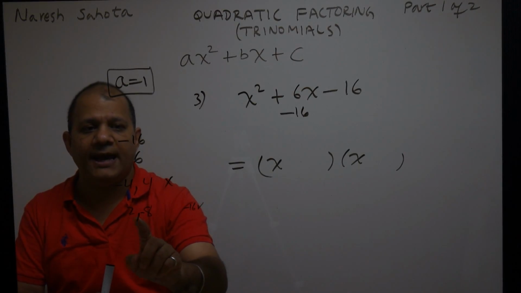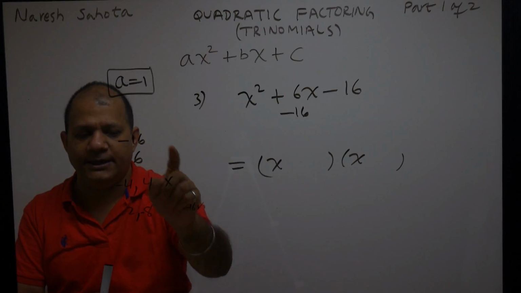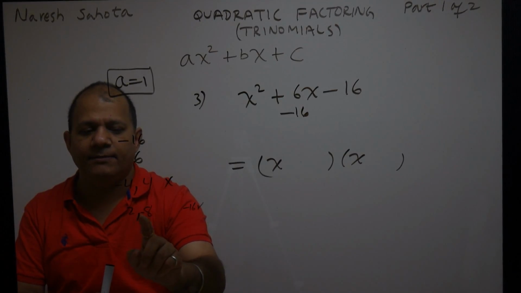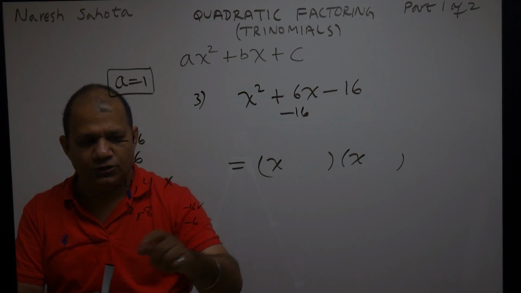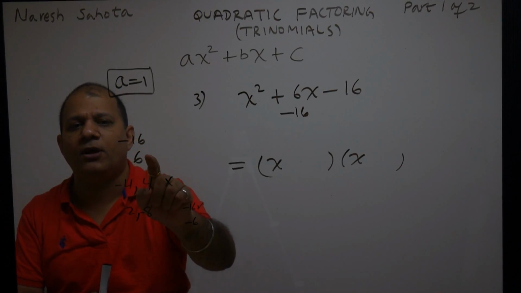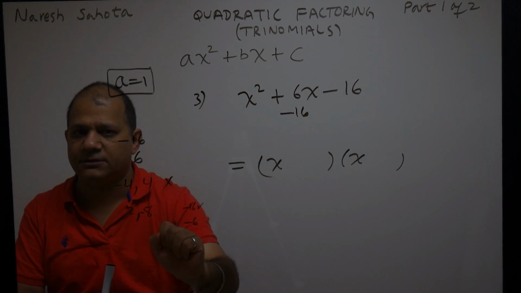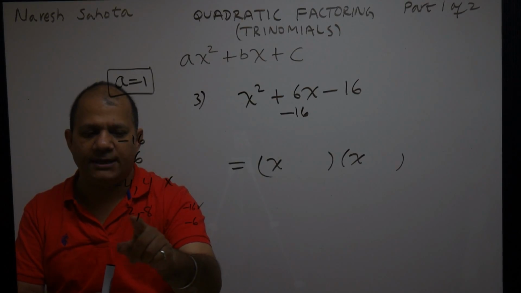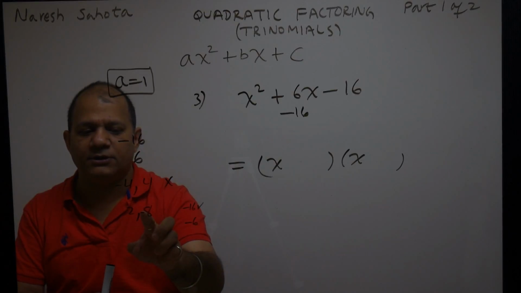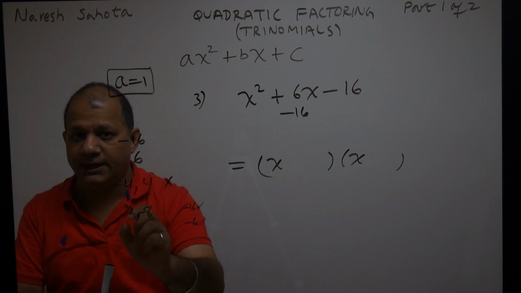Now what about when I add them? When I add 2 and negative 8, I get negative 6. But what do I want? I want positive 6, not negative 6. So what I need to do is fix my sign. It looks like if I put the negative sign on the 2, it will work.